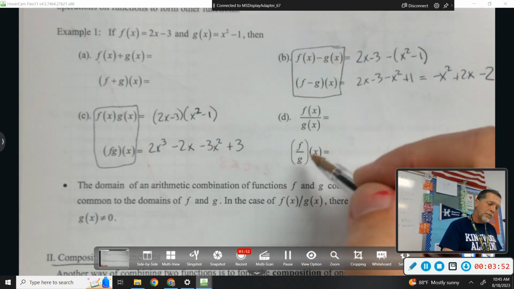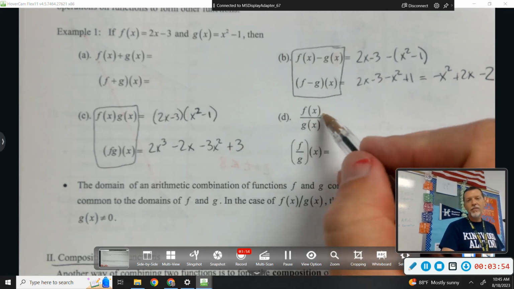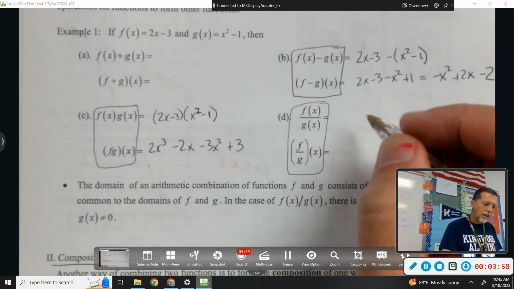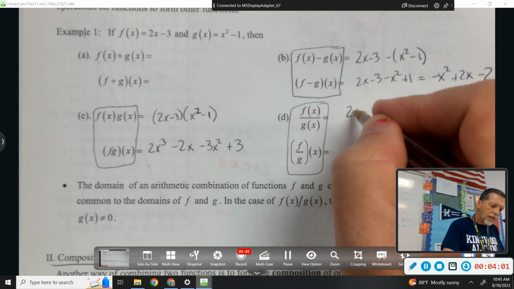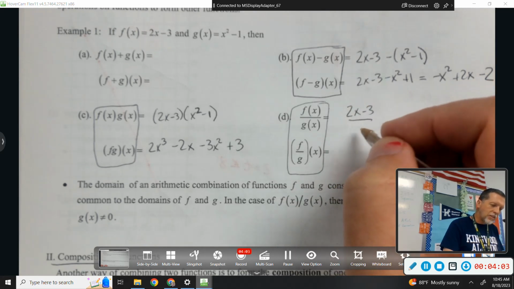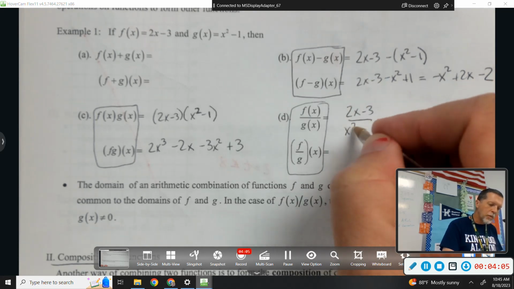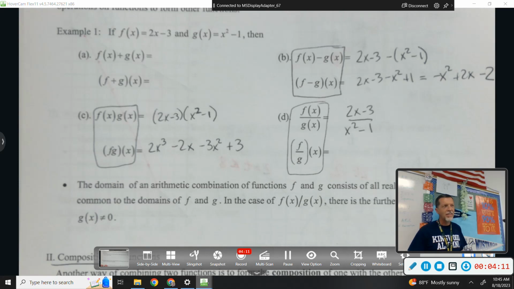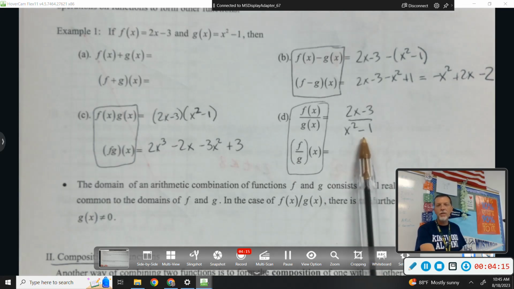Right? F divided by g. Well, f of x divided by g of x, or f over g of x. Again, those mean the same thing. And while division is usually the hardest of the operations, for functions it's usually the easiest. Because what can I do with 2x minus 3 over x squared minus 1?